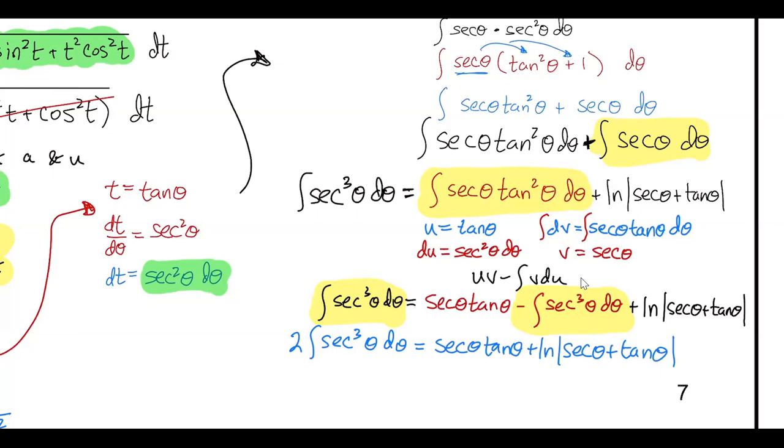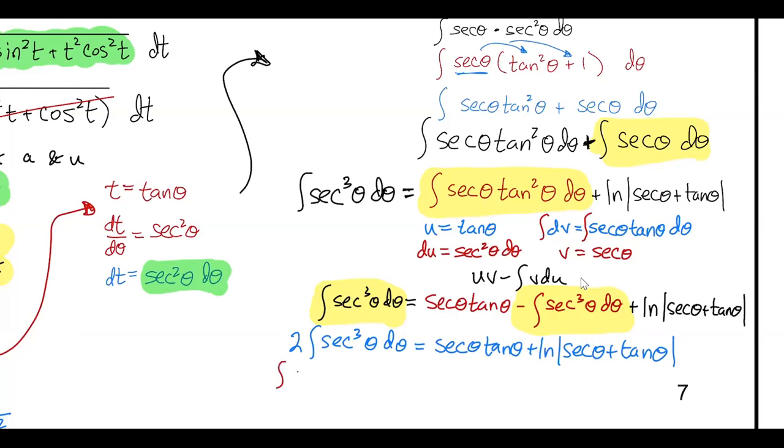Still got a fair amount more to do because I need to get this back in terms of t. I wouldn't say I'm regretting not finding the theta values for t equals 0 and 1, but it would have been nice because I would have had that step taken care of, but I would have had to do the work too. So it all comes out in the wash, right?